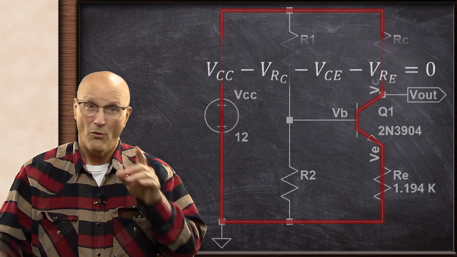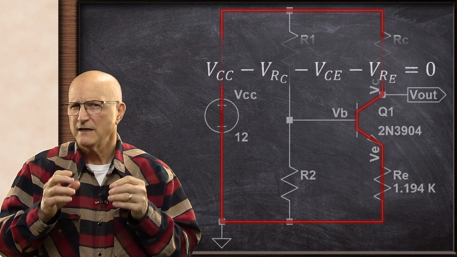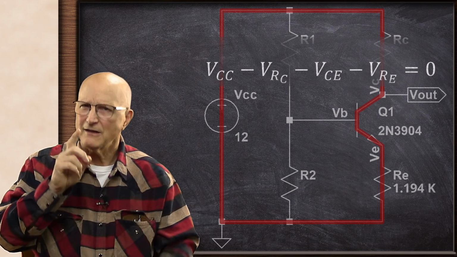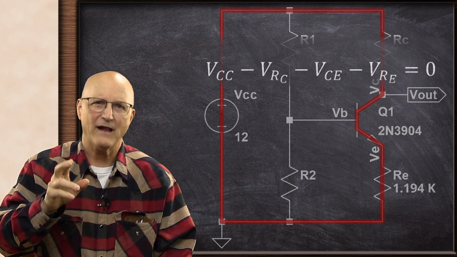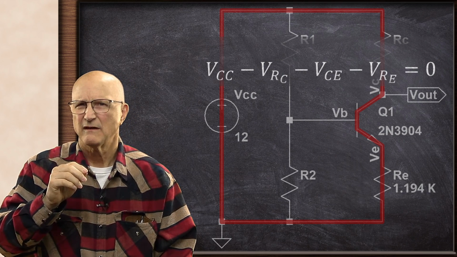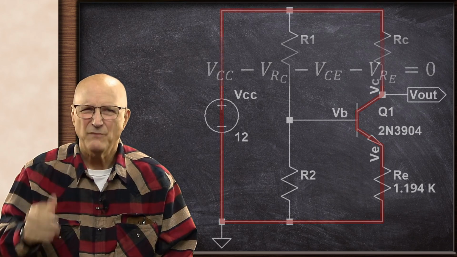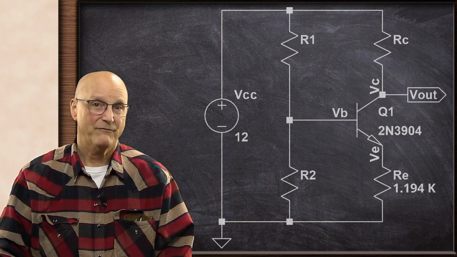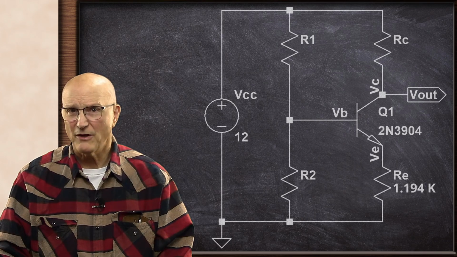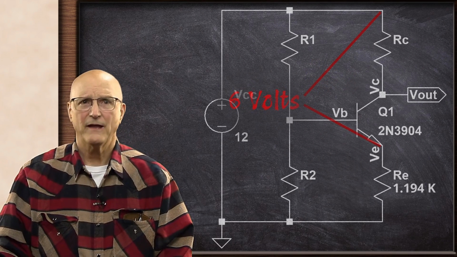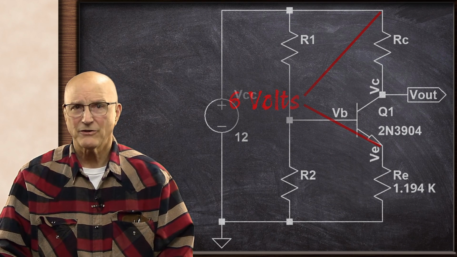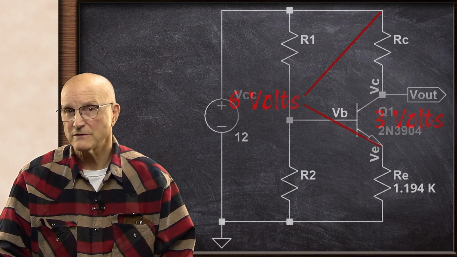Now, remember, one of our design constraints is that the voltage across the collector emitter of the transistor will be half of the available voltage swing. But what exactly does this mean? Well, it means that if the voltage between the power supply and the emitter is 6 volts, then the voltage across the collector emitter will be 3 volts.